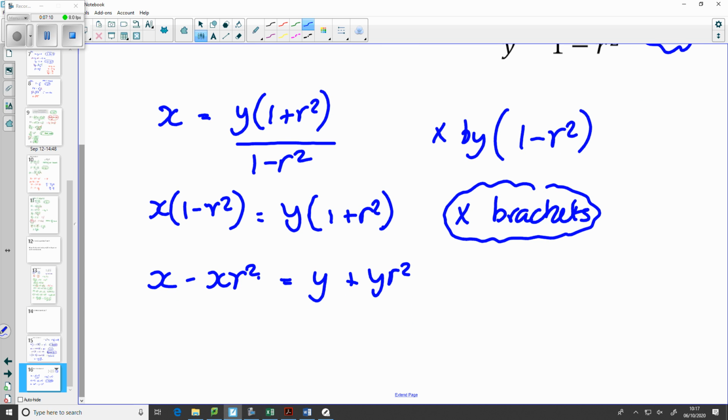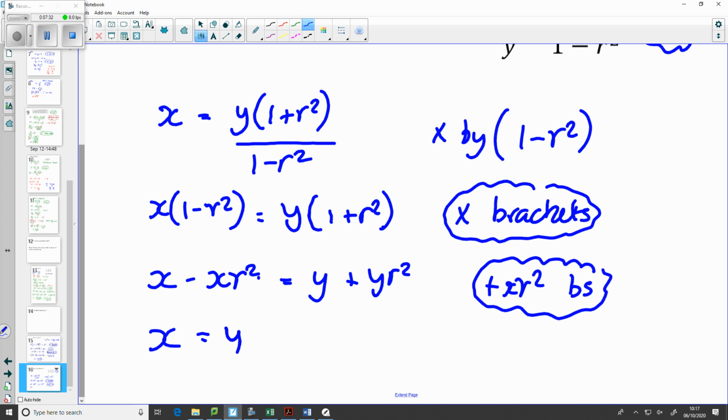Next, yeah, that's negative there, so we add positive xr squared to both sides. So we end up with x is equal to y plus yr squared plus xr squared.